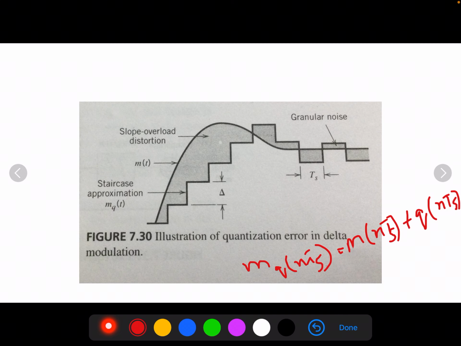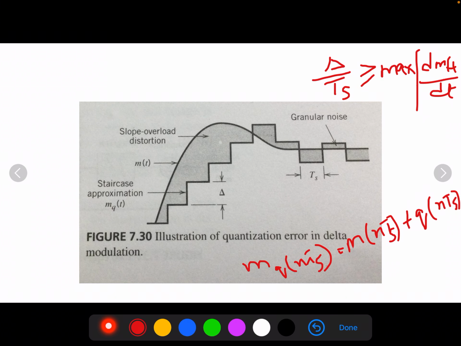If we consider the maximum slope of the original message signal m(t), in order for the sequence of samples mq(t) to increase as fast as the input sequence m(nTs) in a region of maximum slope of m(t), we require the condition that delta by Ts is greater than or equal to max of dm(t)/dt.